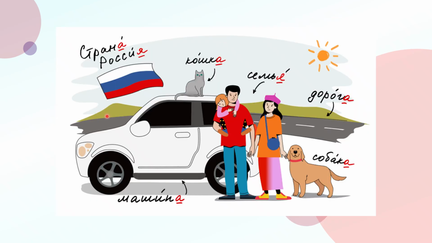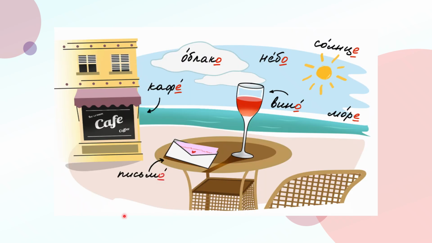For feminine gender, страна, Россия, я, кошка, семья, дорога, собака, машина. For neuter gender, письмо, о, кафе, е, облако, небо, вино, море, солнце.